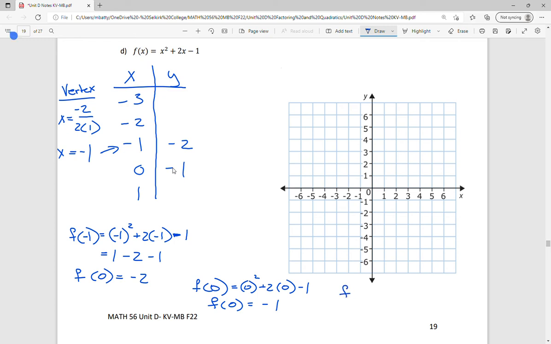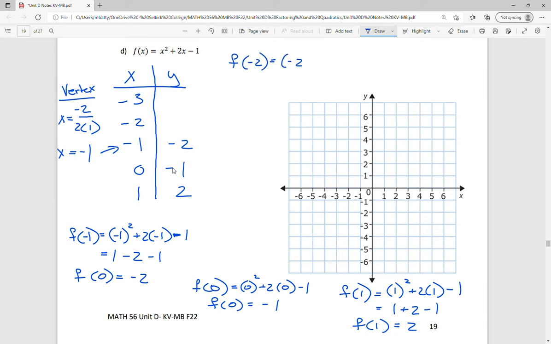Continuing on, I'll do f at 1. It's kind of smaller numbers. 1 squared plus 2 times 1 minus 1. I'd have 1 plus 2 minus 1. I get f at 1 equaling 2. And I'll do the other ones just to round this one out, making sure I haven't made a mistake in my points. So -2 squared plus 2 times -2 minus 1.